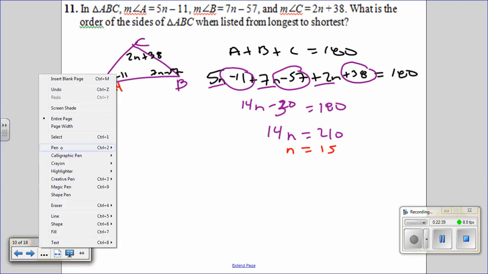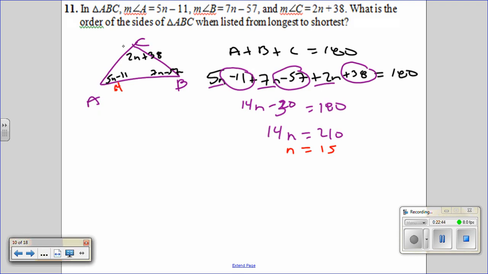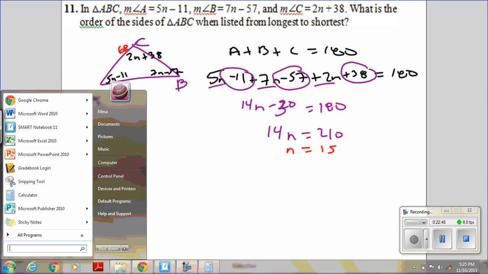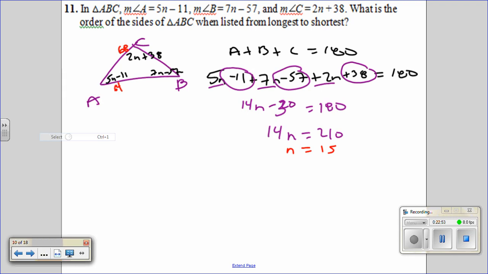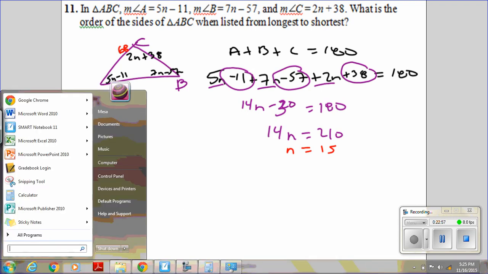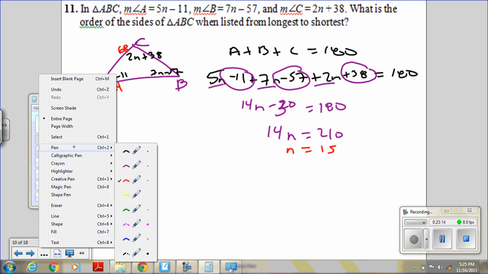That's C. And I do know 64 plus 68 is 132, and 180 minus it is 48. So that means the last angle B will be 48.